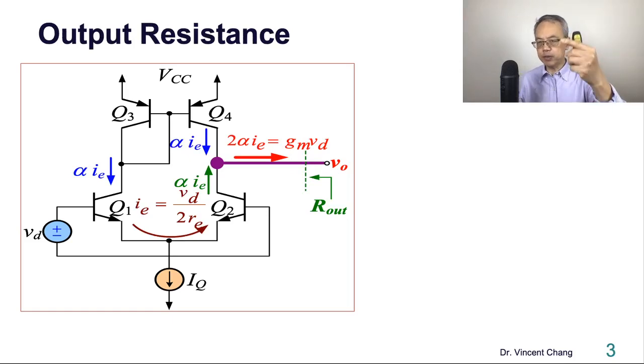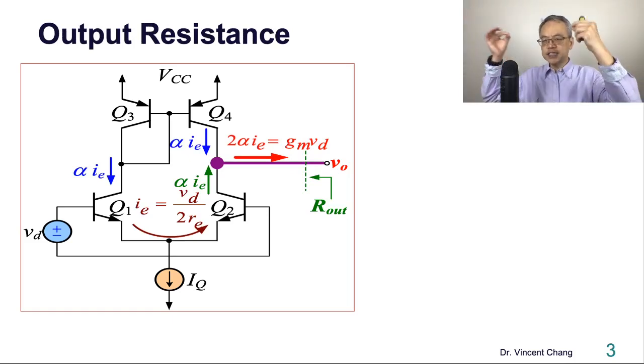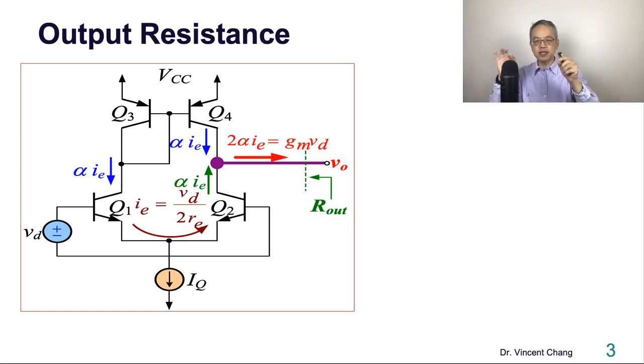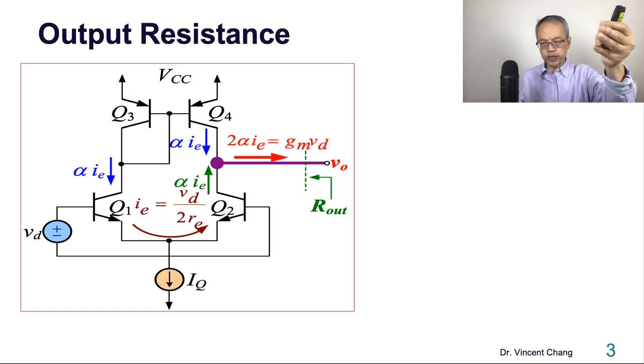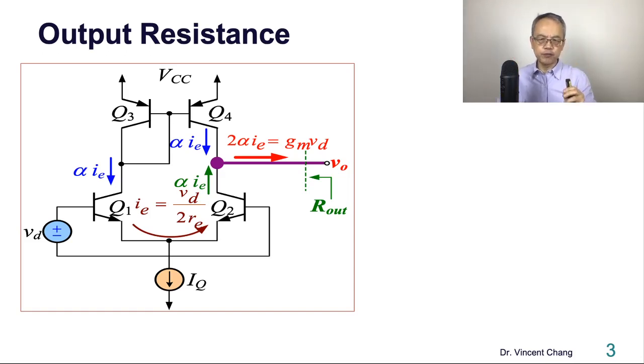If you remember, the first 5 steps of the small signal analysis are: purple, green, and 2 blue. And number 5 is the sum of number 2, the current alpha IE from the bottom, and number 4, the current alpha IE from the top, which is double the alpha IE.